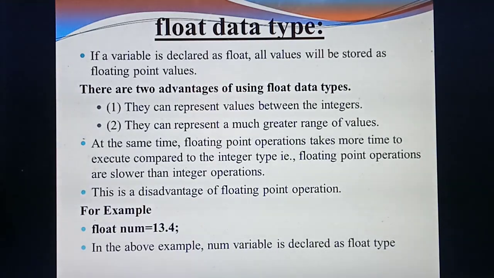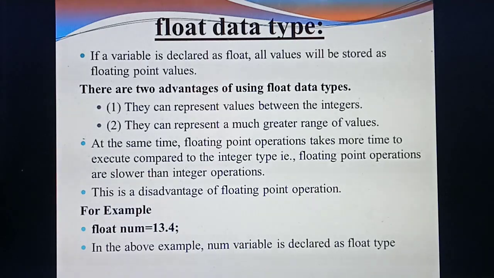If you give the data type as int, will it accept point numbers? No. Int will only accept whole numbers, that means 5 or 10. But 5.5 is a value between 5 and 6. Likewise, if you need to represent an accurate value, two integers are there.